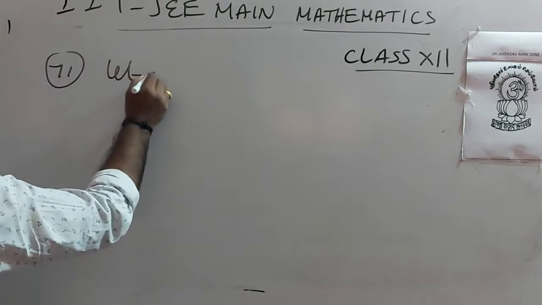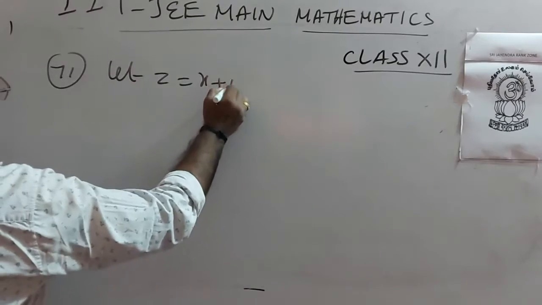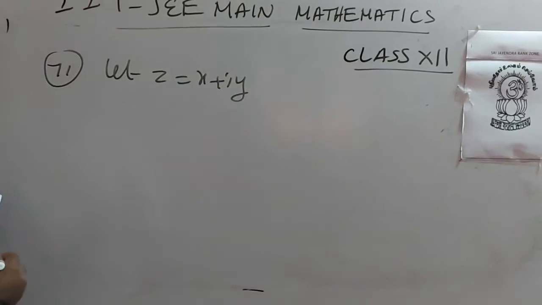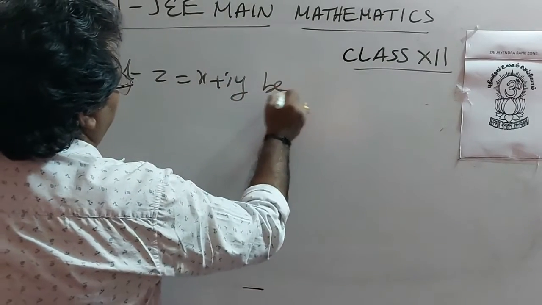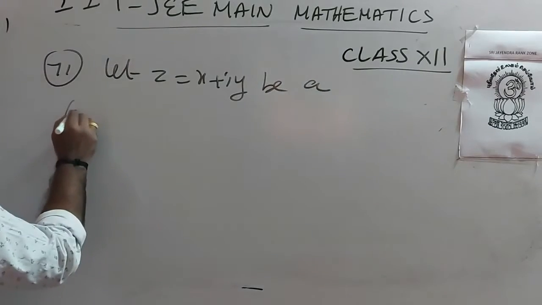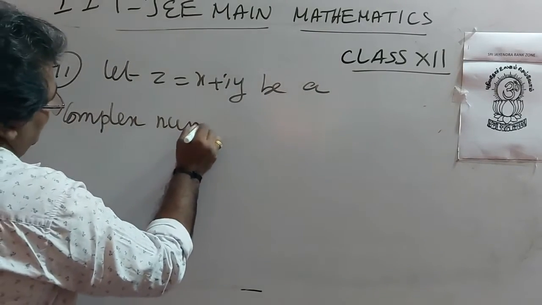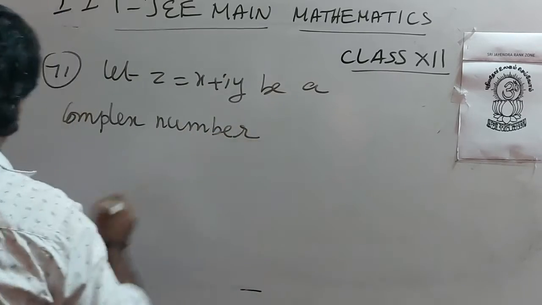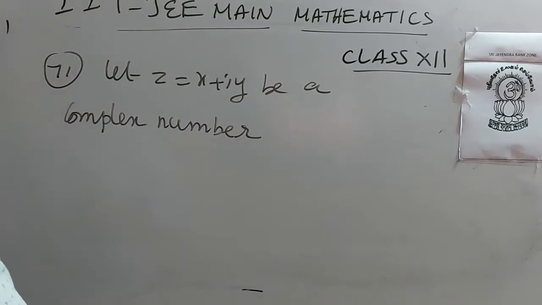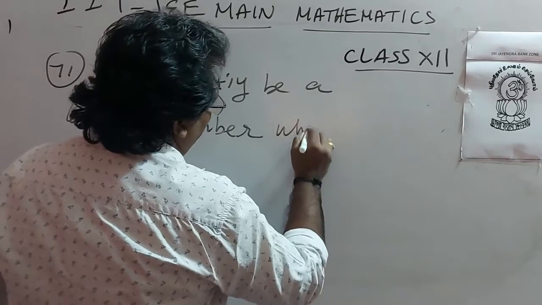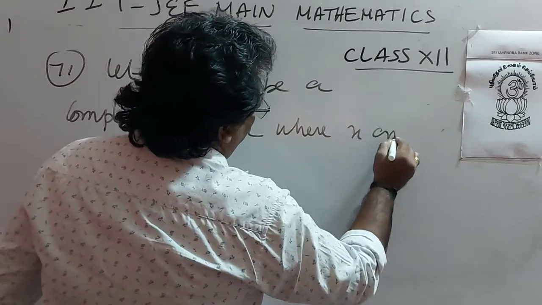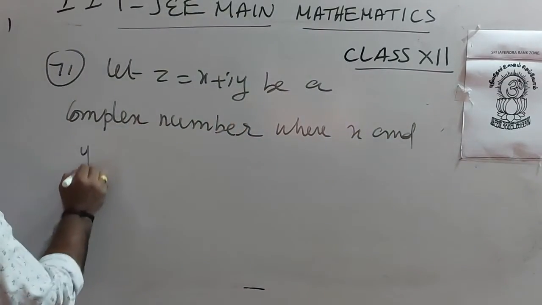Let z equal to x plus iy be a complex number where x and y are integers.